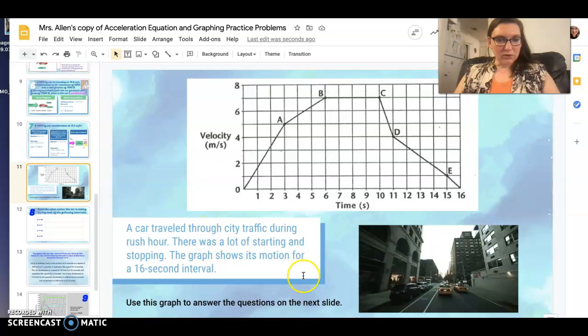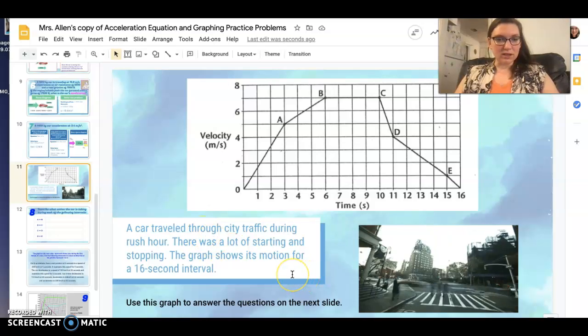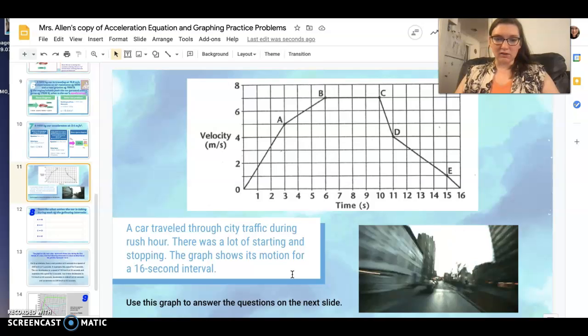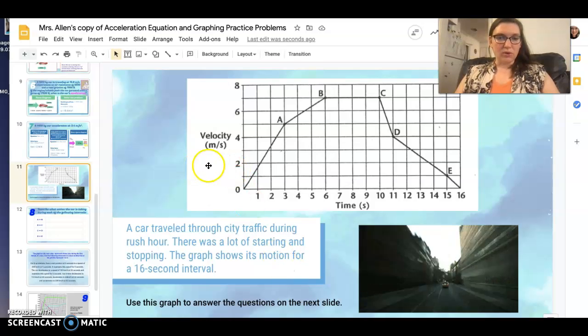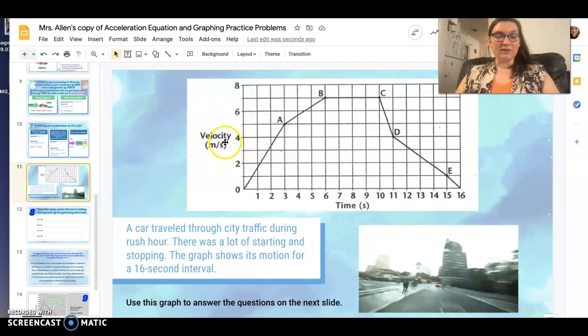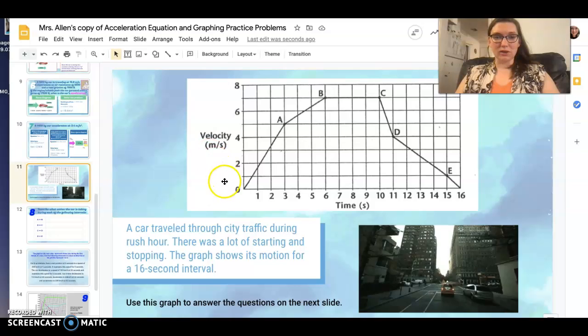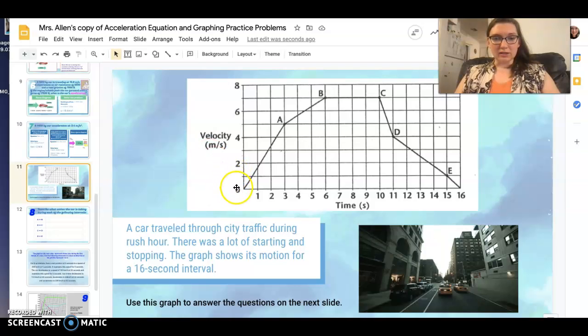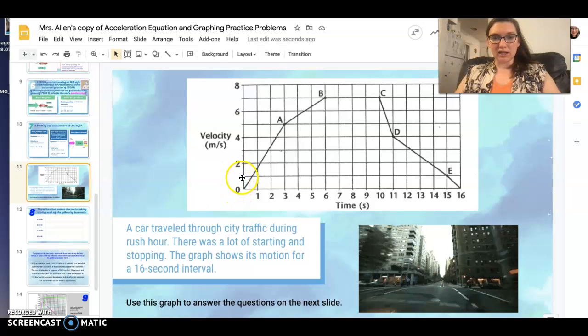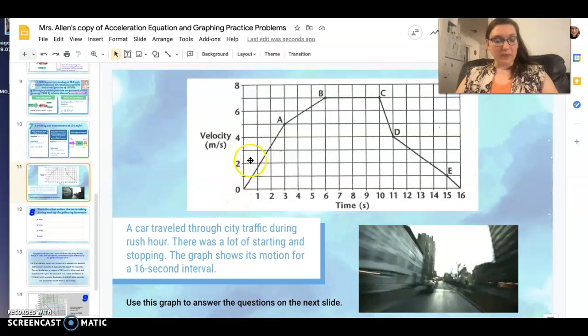So a car traveled through city traffic during rush hour. There was a lot of starting and stopping. This graph shows its motion for a 16-second interval. Okay, so first thing I want to look at is that velocity is on the side here, so I know that this is the speed. The speed is starting at 0 meters per second and it's going up.